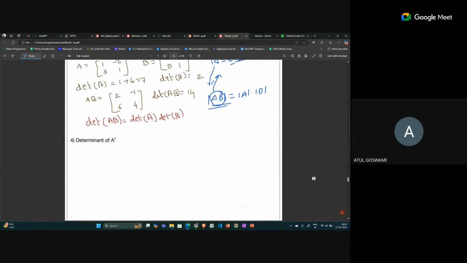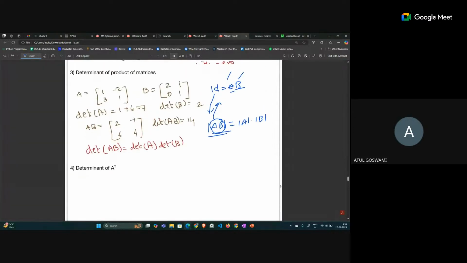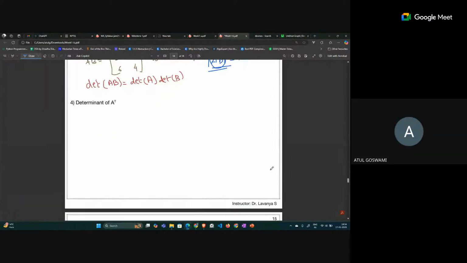And the fourth property is determinant of A transpose. This is the matrix A. First I am just telling you the property: determinant of A and determinant of A transpose are equal. This is the observation. What is the transpose?